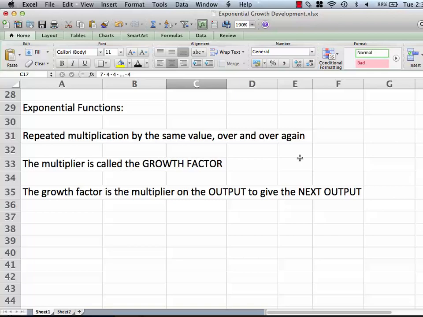If it doesn't follow this, repeated multiplication by the same value over and over again, it's not exponential growth. The exponent part is just convenience to represent this repeated multiplication. That's all the exponent is. The real focus is multiplication.